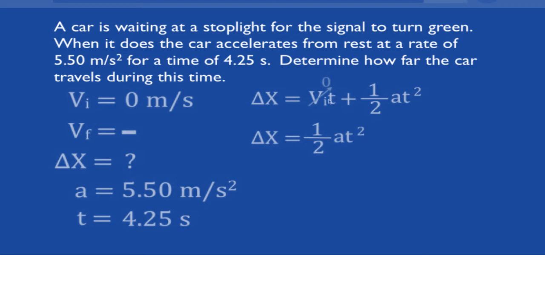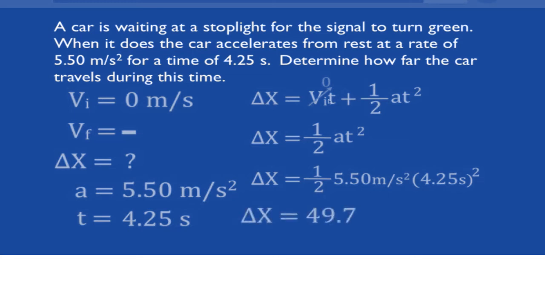This equation becomes the change in position is equal to 1/2 a t squared. Now we know the acceleration, we know the time, and so let's fill in the values: 1/2 times 5.5 times 4.25 squared, and you get the car traveled 49.7 meters during the 4.25 seconds.